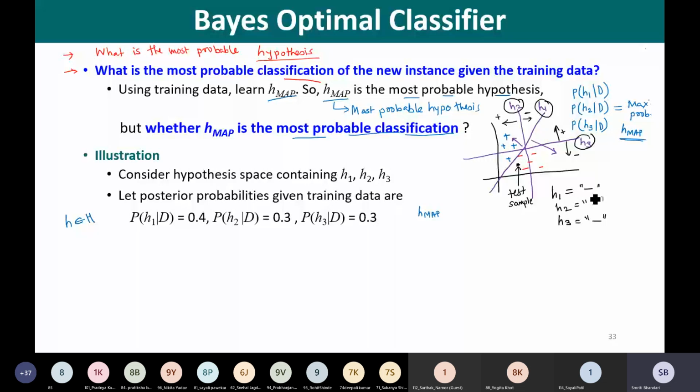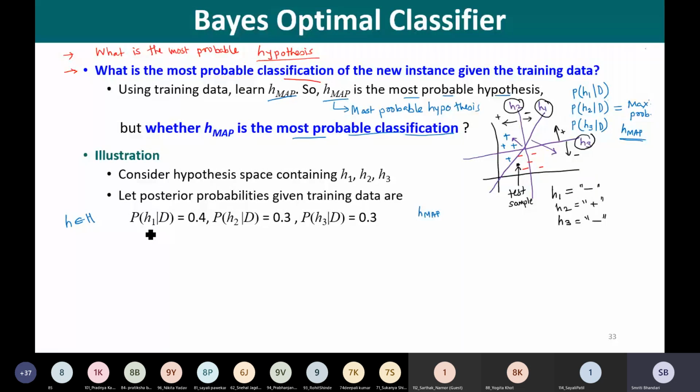According to our MAP hypothesis, what we are going to do? We are going to select the hypothesis that is giving us the maximum probability. So that is the most probable hypothesis that we are going to pick up. So based on the earlier concept of MAP, the most probable hypothesis that we are going to pick up is H1. Why? Because probability of H1 given D is 0.4.